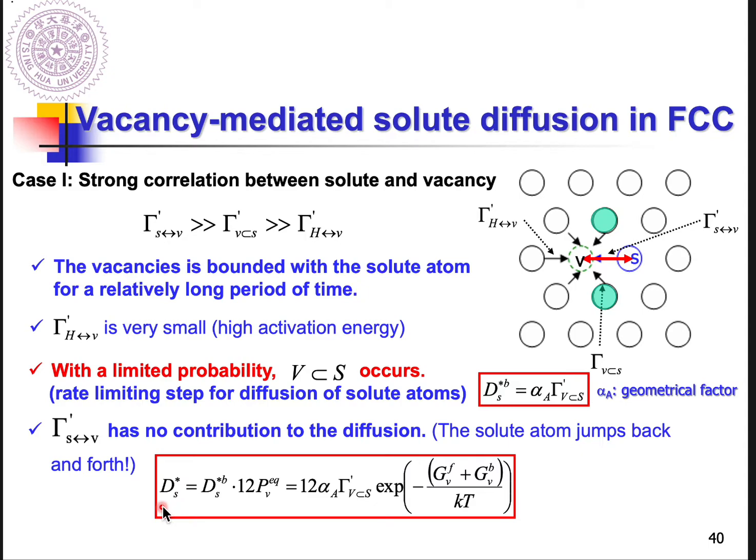So when we write down the self-diffusivity for the solute atom, the idea is that you need to consider also the atomic fraction of the vacancy-solute pairs you can observe in your material, multiplied by the diffusivity of this solute-vacancy pair. Regarding the atomic fraction of this solute-vacancy pair, we use PV, the probability to find the vacancy at the thermal equilibrium condition. But this is a probability to find the vacancy, right?